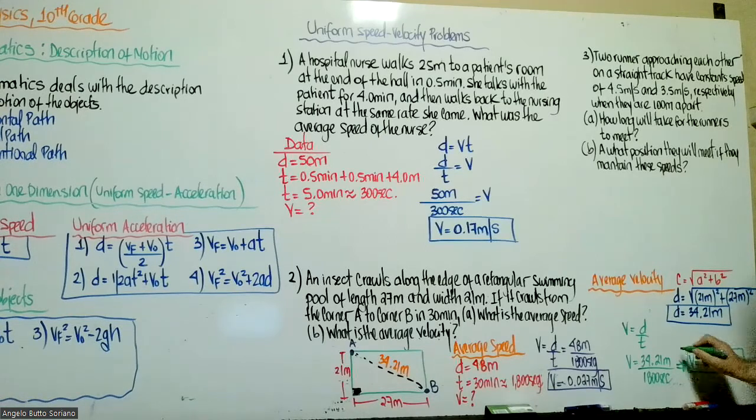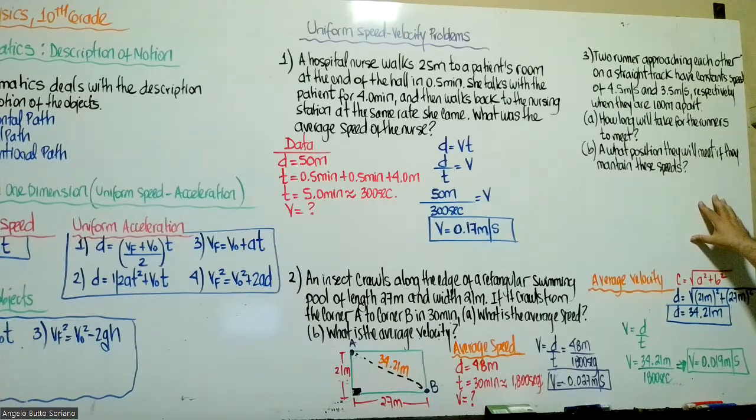And this is the solution of problem number 2. Okay, so we perfectly established the difference between the average speed and the average velocity. Now, let's read the third problem.